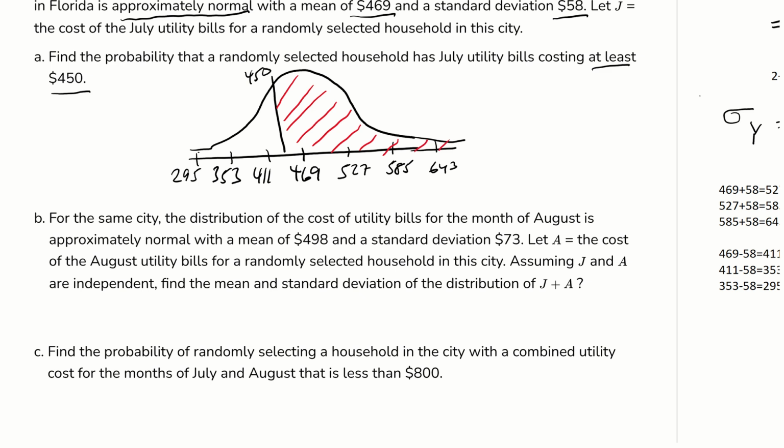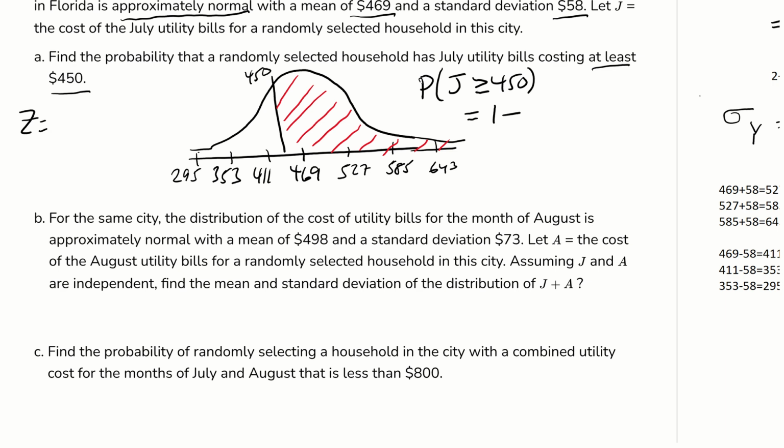All right, so the probability that J is greater than or equal to 450 is equal to 1 minus. Now, remember, we're going to use the table to convert this to a z-score, and then we're going to subtract it from 1 to get the area to the right, because the table gives you the area to the left. So we're going to calculate the z-score.